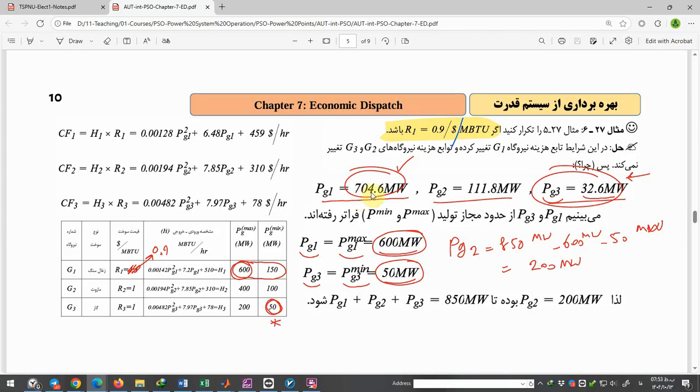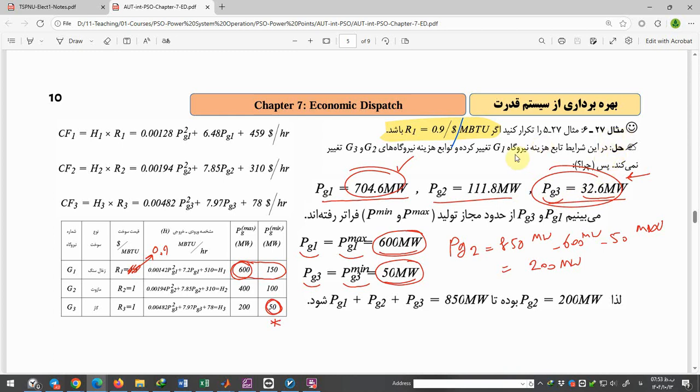This means that we have to set PG1 to the maximum and divide the other power, the economic dispatch, between PG2 and PG3.